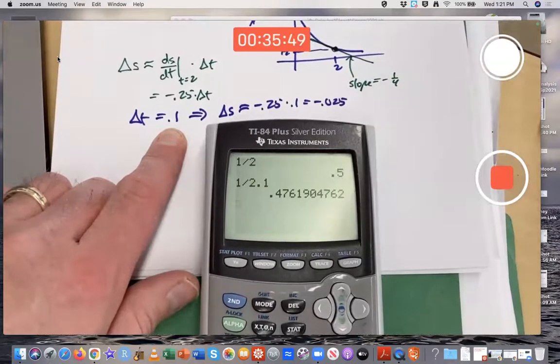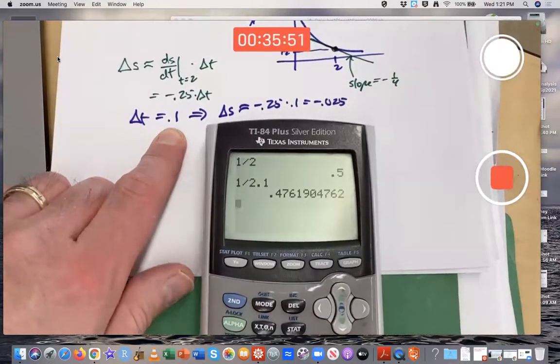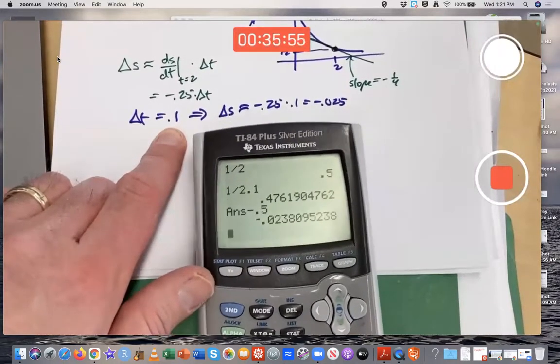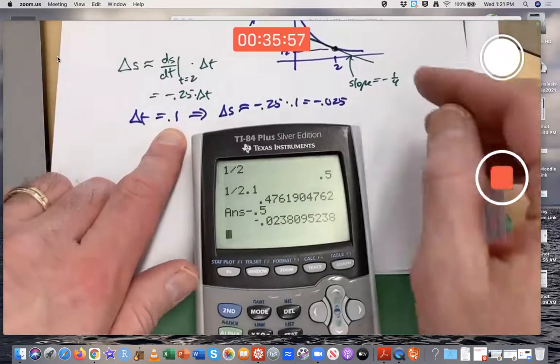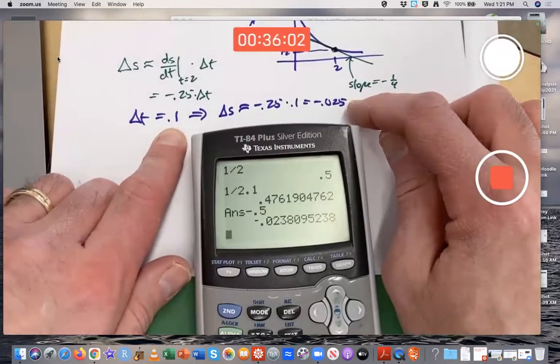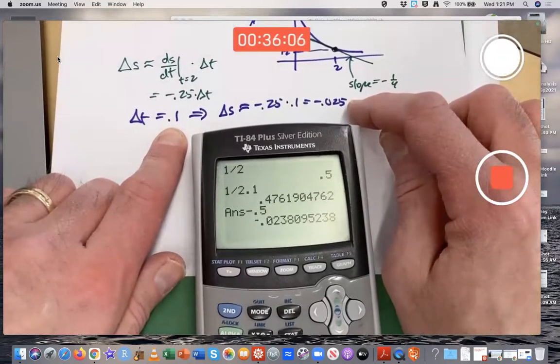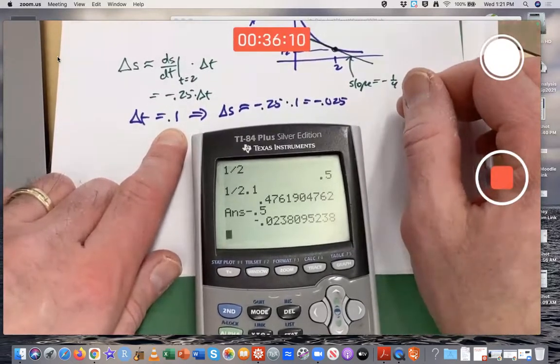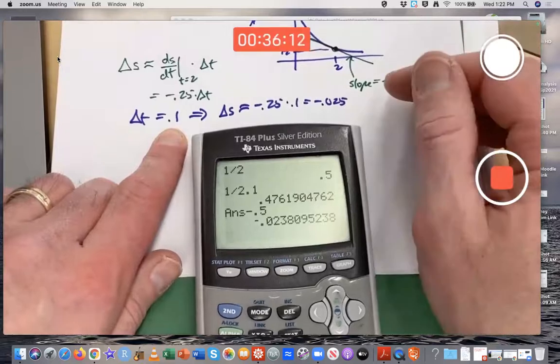The change in position is this number, the 0.47619 minus the starting position, negative 0.024, very close to the prediction from the derivative. The change in position being negative means S went down. You're at a positive value of S, but you're going toward the origin.